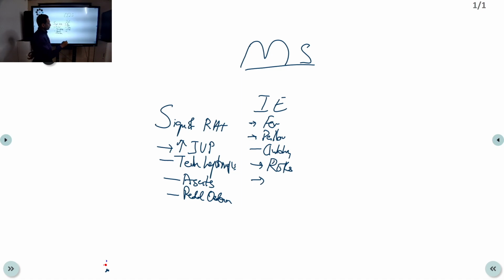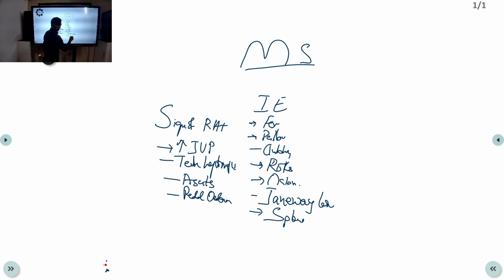In the hand, you look for Osler's nodes in the pulp of the fingers, Janeway lesions. You look for splenomegaly. In the nails, one more thing that you can look for is splinter hemorrhages.